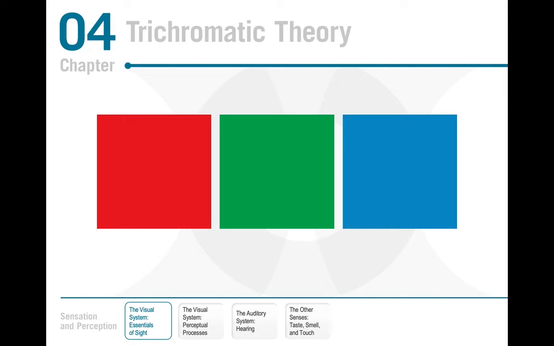So if you have cones, for example, in your retina, that are able to activate when a wavelength that corresponds to green comes in, that cone is going to fire more action potentials, thereby giving the signal that you're seeing green.